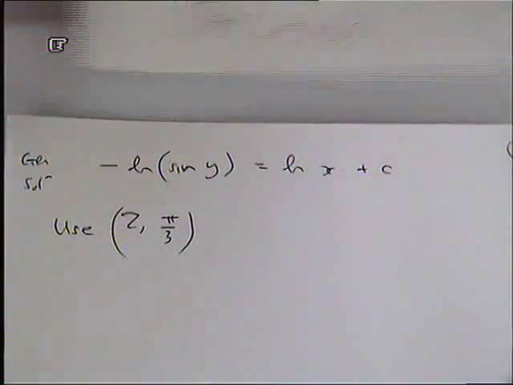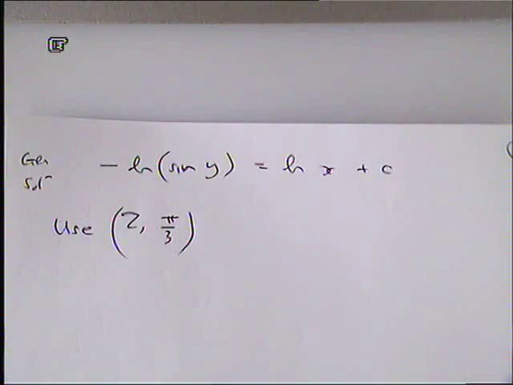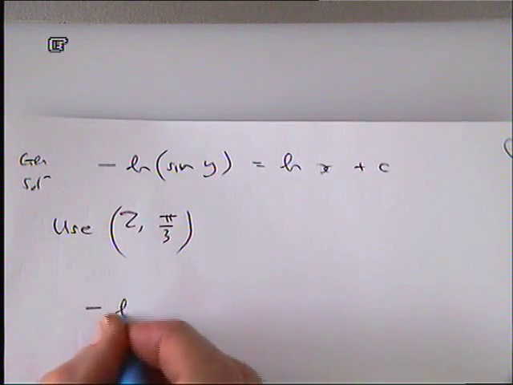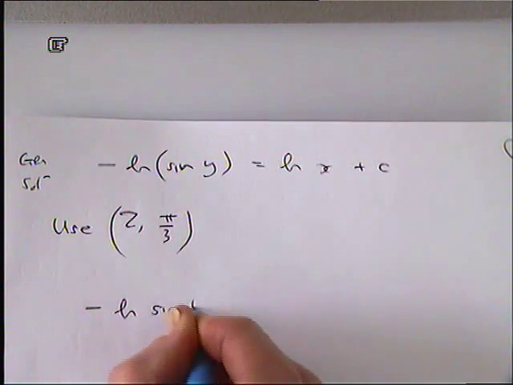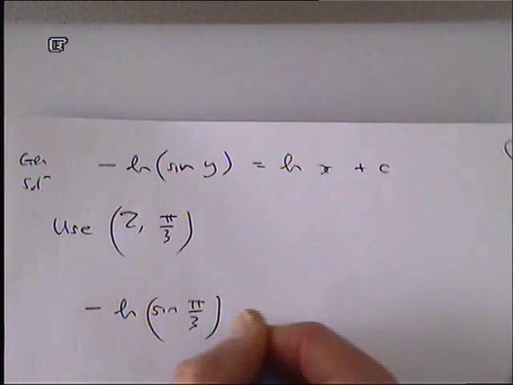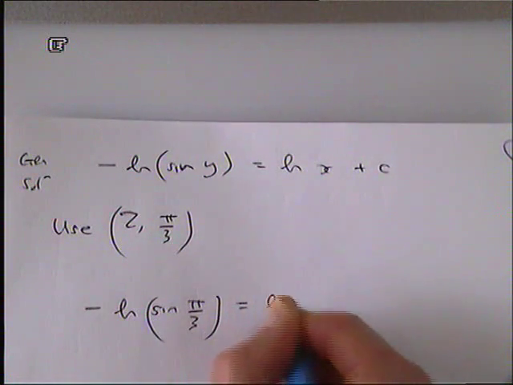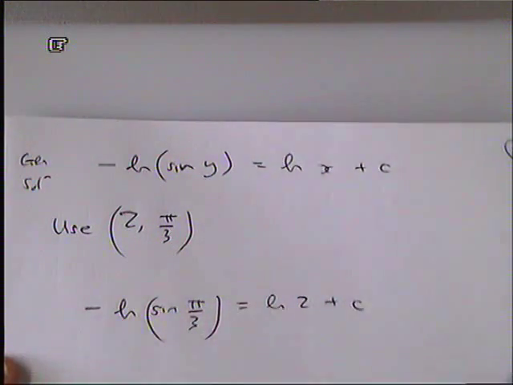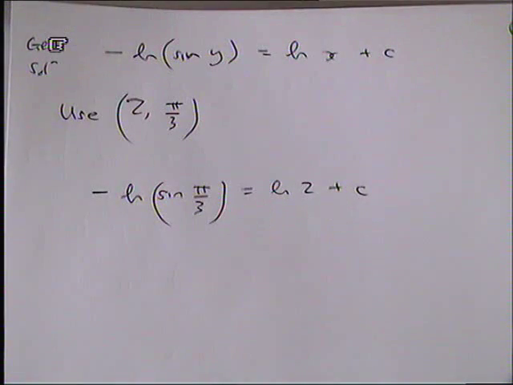So if I substitute that in, I'm going to get minus log of sine y equals log of x plus c. What do you think would be a good idea to do next?